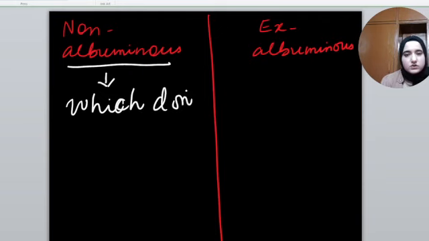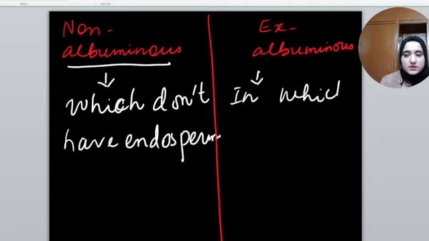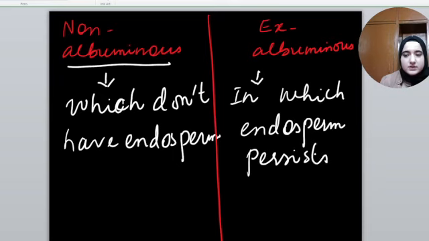Those seeds involve all the endosperm; they use all the endosperm as nourishment, so they don't have endosperm left. And ex-albuminous seeds are those seeds in which endosperm persists. I hope this concept is clear, right?